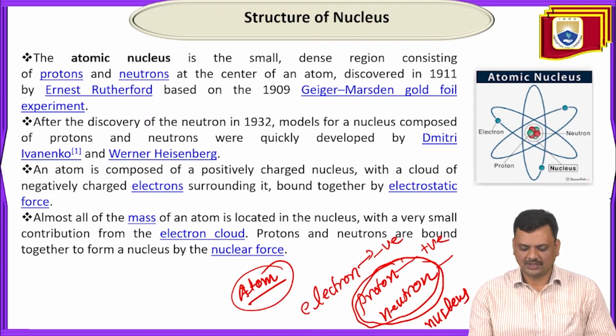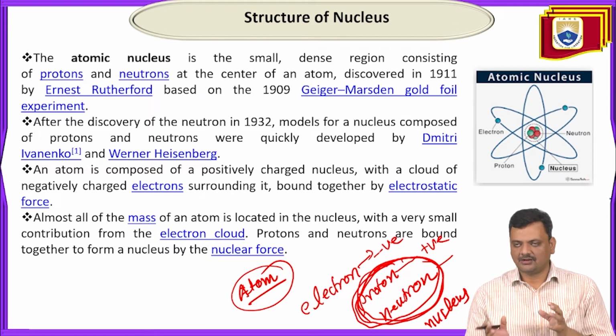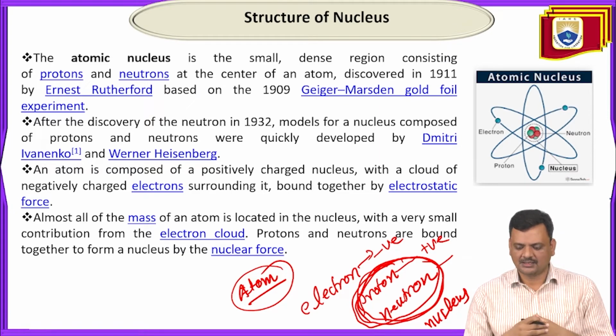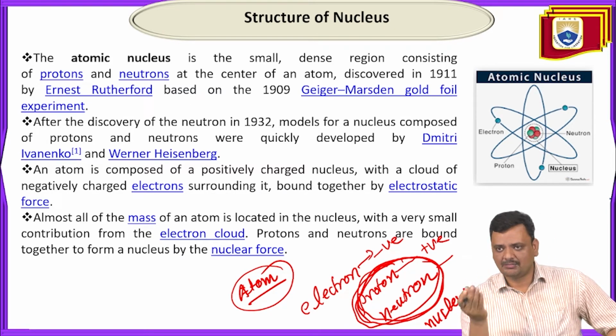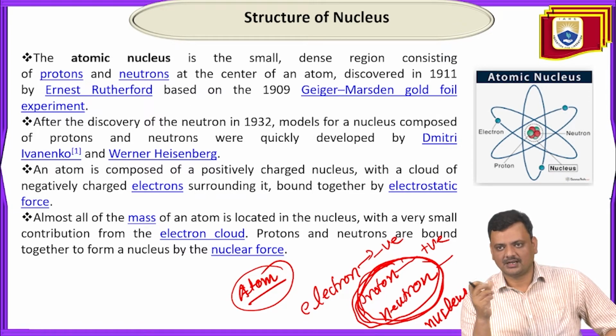In the nucleus there are positive charges, and electrons have negative charge, and we know the Coulomb electrostatics rule. What is the Coulomb electrostatics rule? Like charges repel each other, and unlike charges, positive and negative, attract each other.